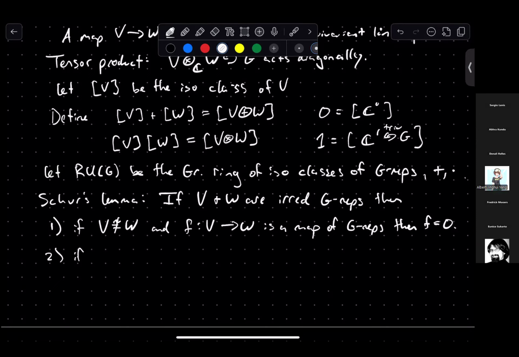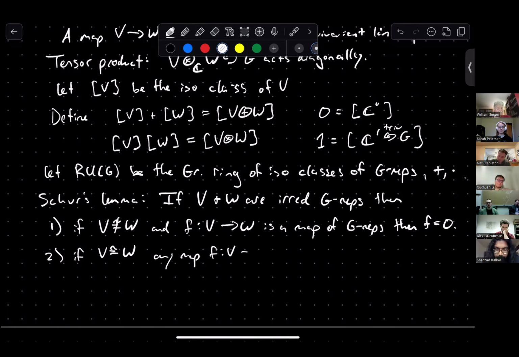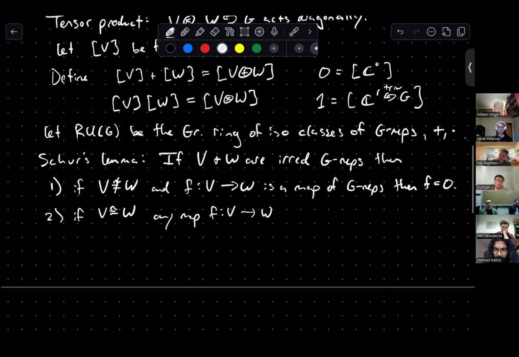And if V is isomorphic to W, then any map F from V to W is just multiplication by a scalar. And this result gives a lot of control over G representations and the representation ring. So I just want to talk about two applications of this.